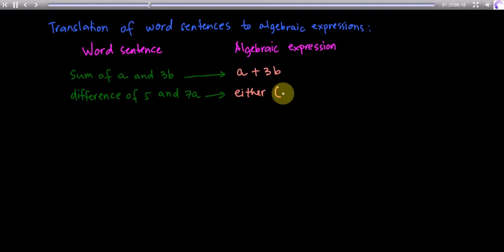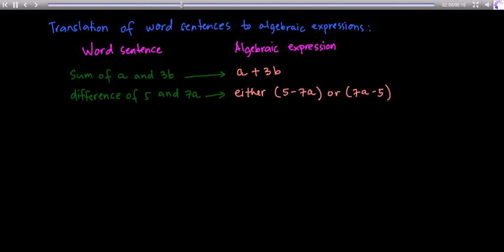We could make it as 5 minus 7A, or we could also do this as 7A minus 5, right? Because when we say difference of 5 and 7A, we do not know which one we're going to subtract from the other quantity. So we can come up with two expressions. It's either of the two.